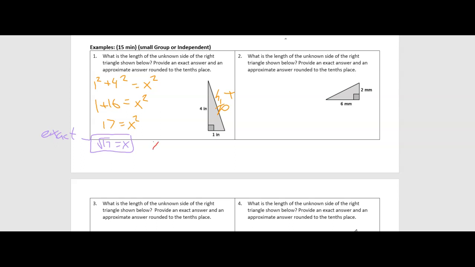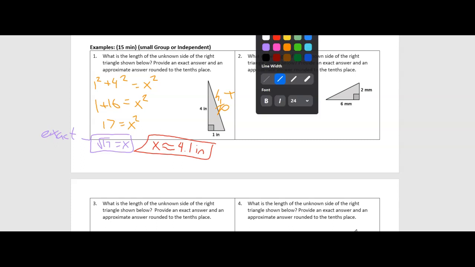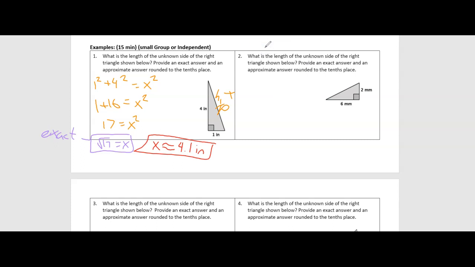So we can also say that x is approximately equal to 4.1. We should have units here as well, inches. Let me put the inches over here. Square root of 17 inches.